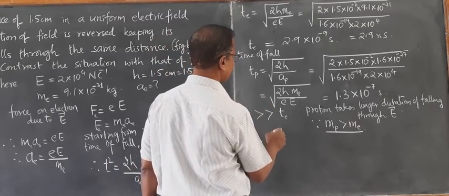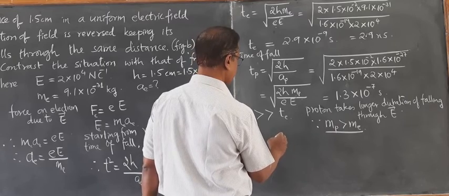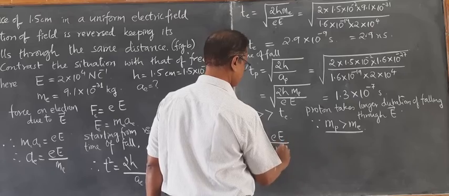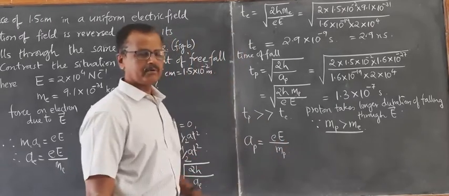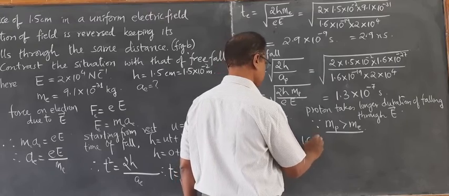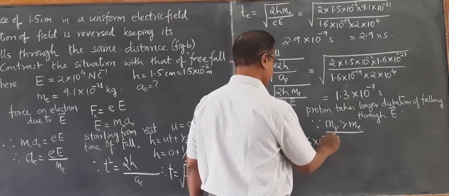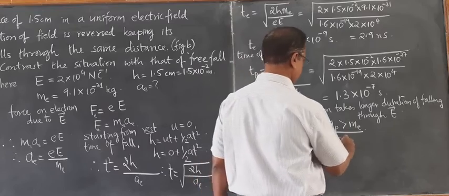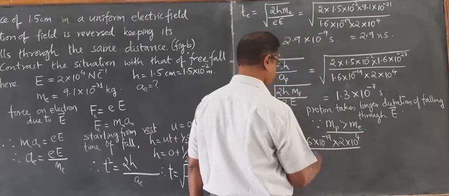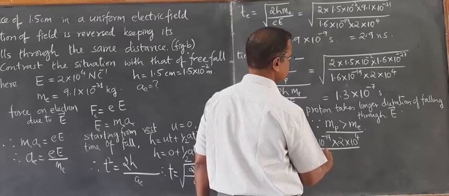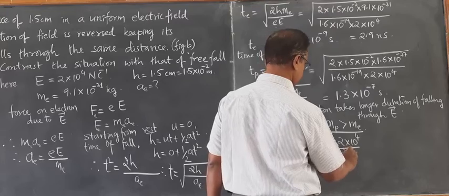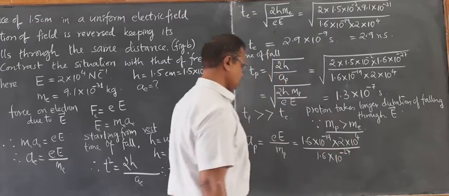Acceleration of proton in the electric field is given by eE upon m. e is 1.6 into 10 to the power of minus 19, and the electric field is the same, 2 into 10 to the power of 4, divided by the mass of proton, which is 1.6 into 10 to the power of minus 27 kg.